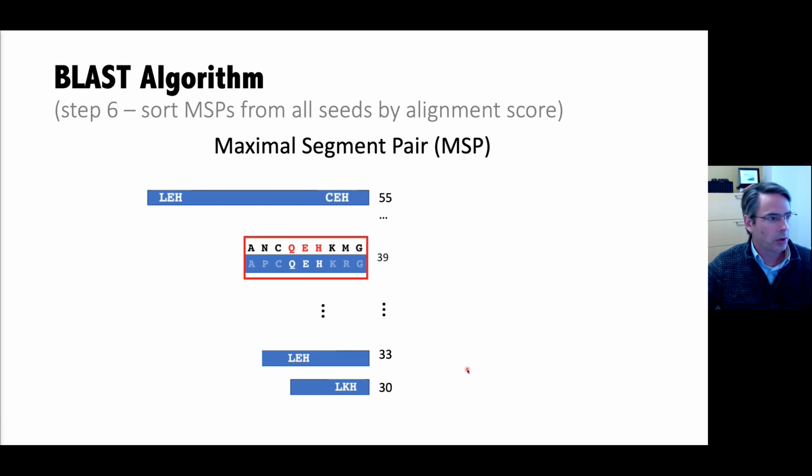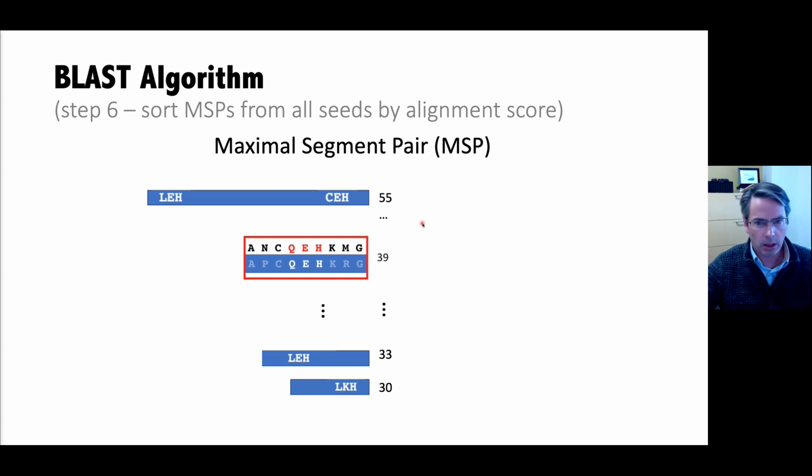So you rank all of those things, and this is what will be reported in your BLAST hit. So it'll tell you something about the length, something about the score, and that's telling you basically, is this a good match or not? Okay.